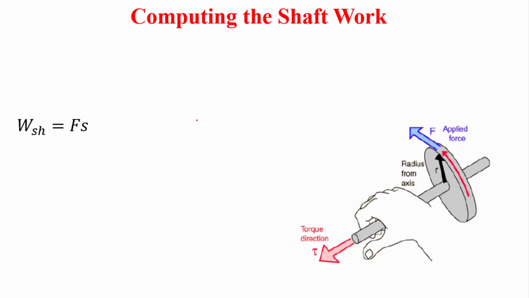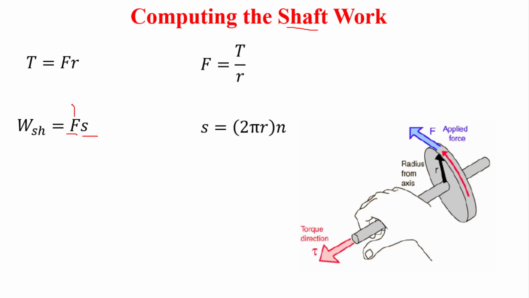Now, another type of mechanical work is the shaft work. So in the previous slides, we saw the boundary work. Now, shaft work, W shaft, equals force multiplied by the displacement, multiplied by the distance or the number of rotations.